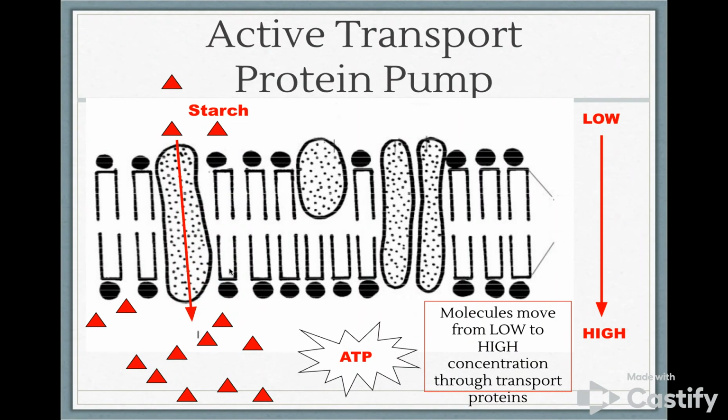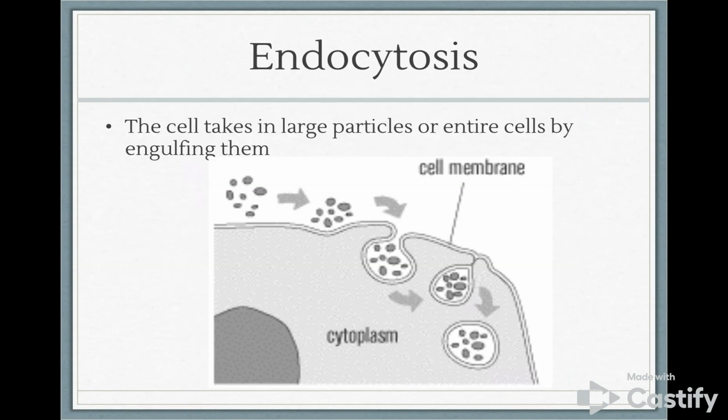To do that, it's going to use what we call an active transport protein pump. It will pay a little fee or a fine of energy in order to move that starch into the cell. As it pays that energy, it will pull that starch down and through the cell membrane.